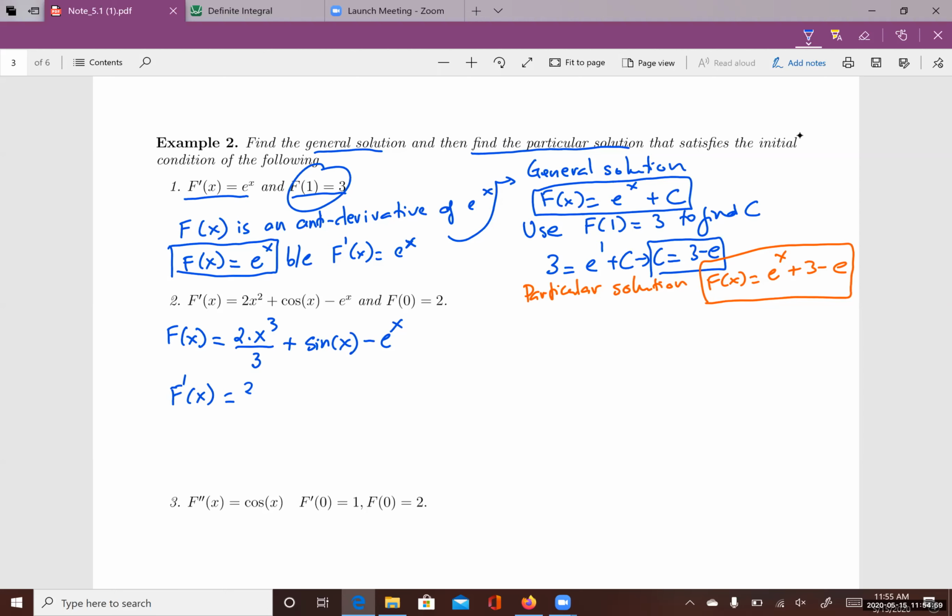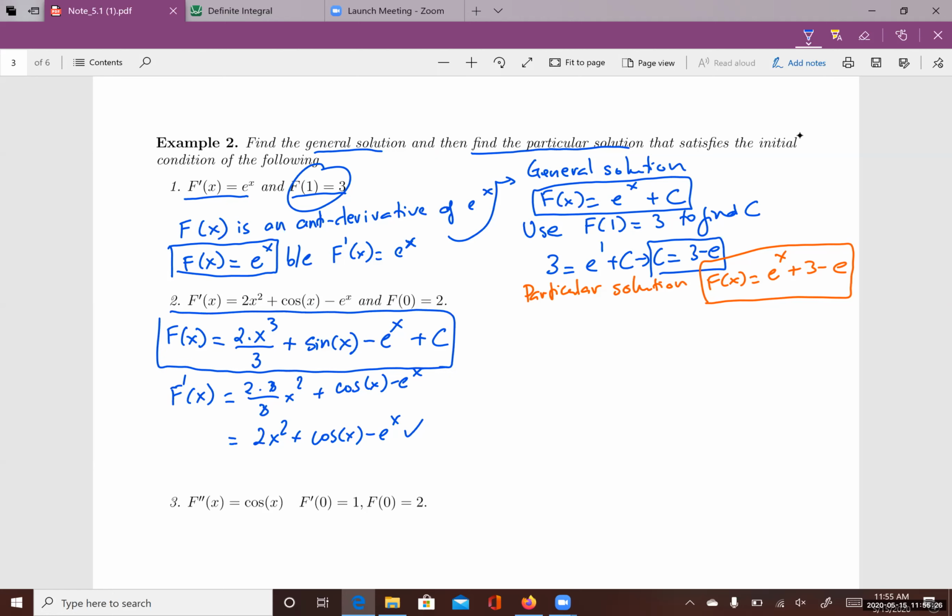You have 2 times 3 over 3 x squared plus cosine of x minus e to the x, and this should be 2x squared plus cosine of x minus e to the x, right? So just checked. So we know that this is the antiderivative, and then you need to add c to get the general solution.